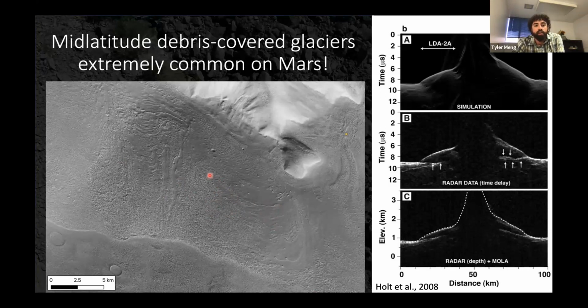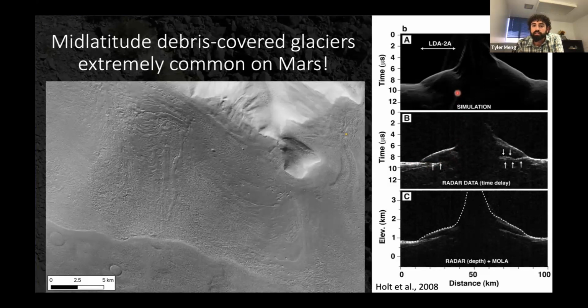And we actually also have radar sounding evidence on the same spacecraft as the HiRISE instrument. We have a shallow radar sounder, or SHARAD, and that has actually detected the base of these debris-covered glaciers in the mid-latitudes of Mars. This plot on the right here is an overview of the detection of those glacier bases on Mars. Essentially, what happens is the radar signal detects this basal reflection here at the base of the debris-covered glacier.